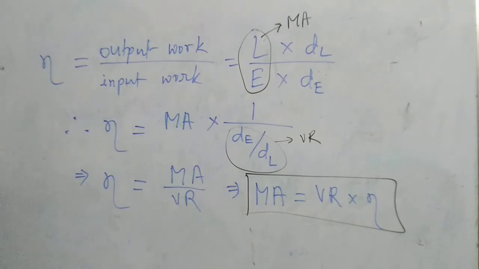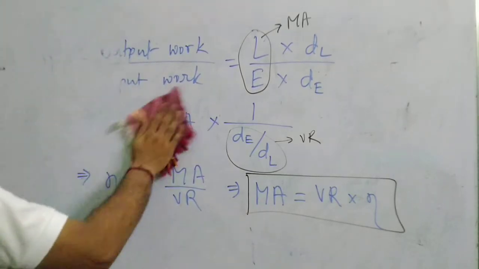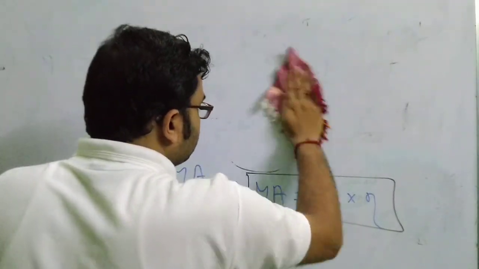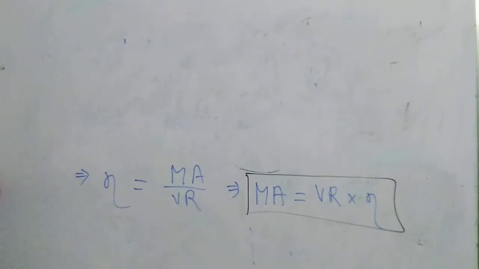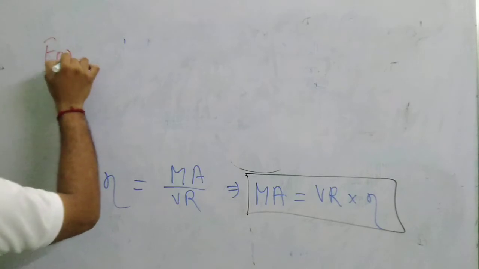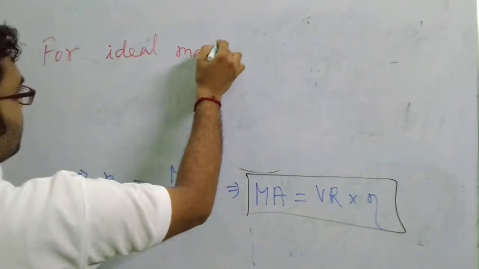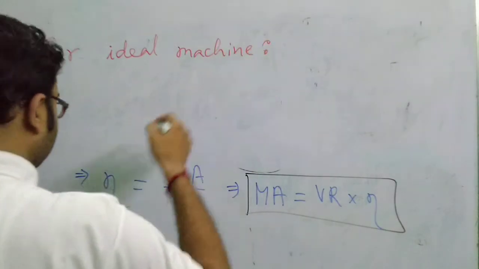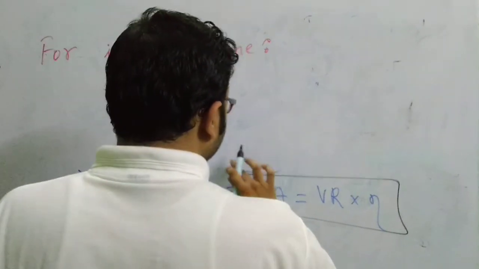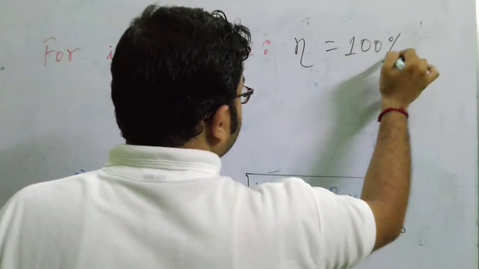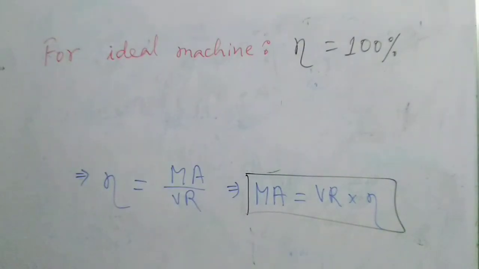So for an ideal machine, efficiency is always 100%, as there is no loss of energy. The energy that is given as input is totally obtained as the output.